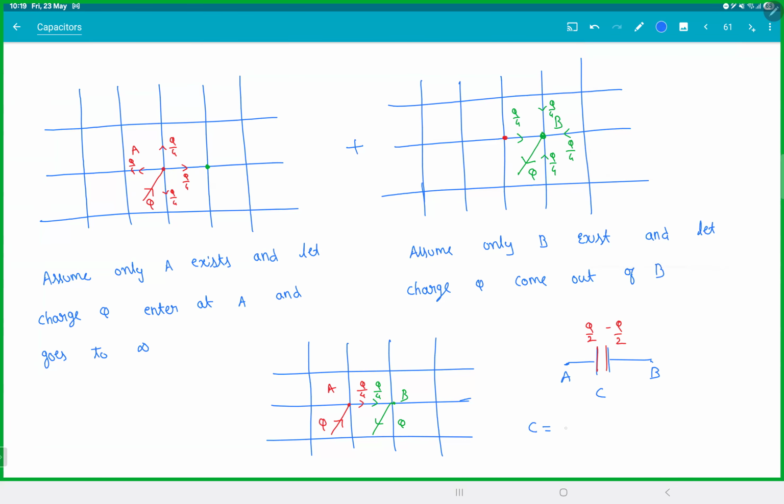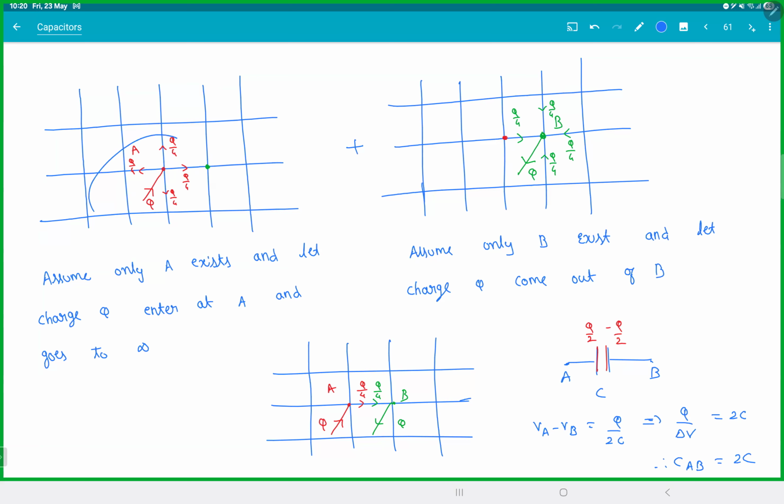Then we know capacitance is nothing but charge by potential difference, right? So we can clearly see here VA minus VB is equal to Q by 2C. So Q by potential difference is 2C. Therefore, CAB is 2C. This entire infinite grid is just equivalent to a 2C capacitor. You're getting this?